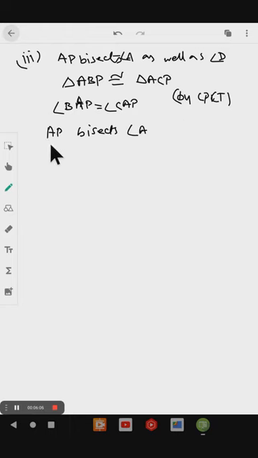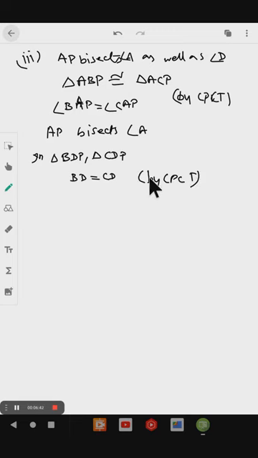Now we have to prove that AP bisects angle D also. For this we take two triangles, BDP and CDP. What sides are equal? BD equals CD, from part 1, by CPCT.